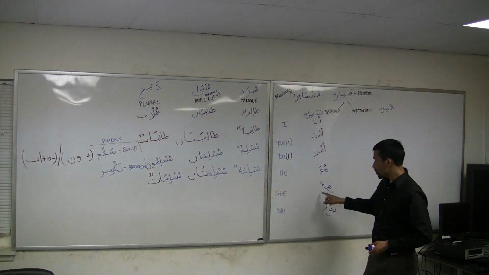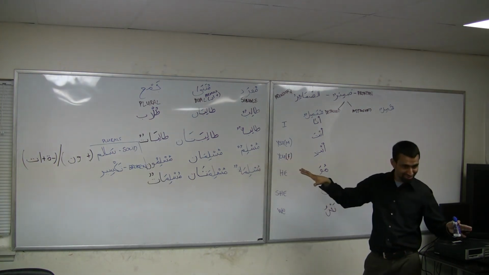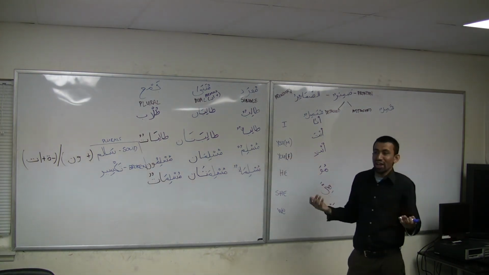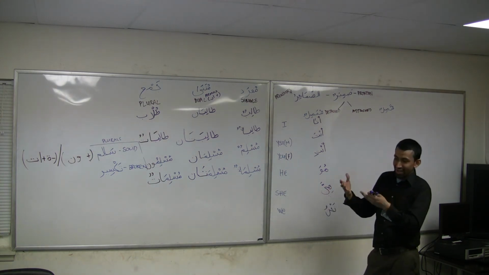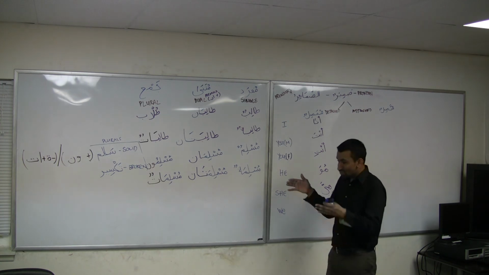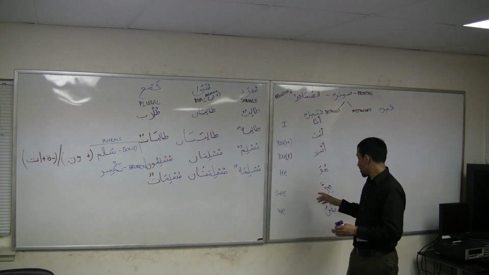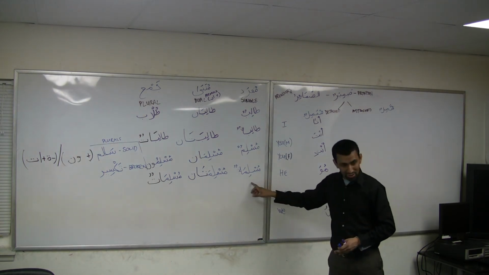You don't want to say she is a male Muslim. That's going to be trouble. We wouldn't care if you said he is a woman Muslim. We'd be like, whatever. But if you say she is a male Muslim, they're gonna flip. So hiya muslimatun.